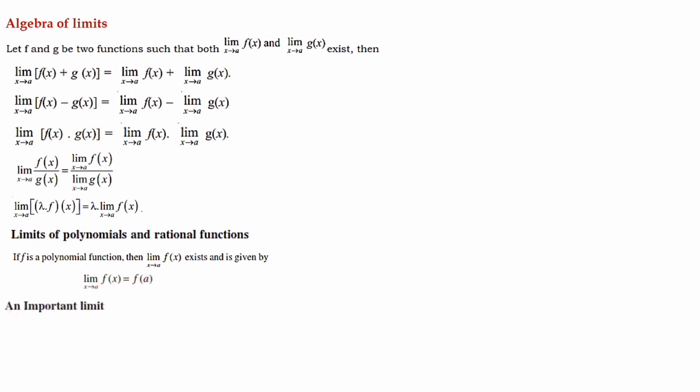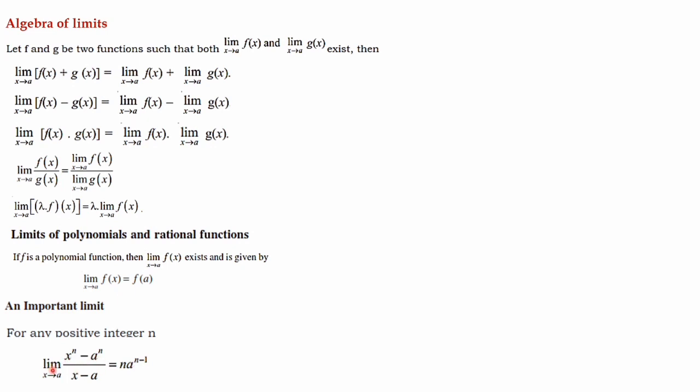Next, an important result of a limit. For any positive integer n, the limit as x tends to a of x power n minus a power n divided by x minus a is equal to n into a power n minus 1. Here both the base x and a should be there in the denominator, x minus a.